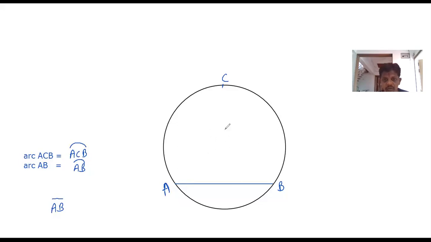So this part is also a segment. The segment made up by a minor arc would be a minor segment. So this I am going to call a minor segment. I will write the name as minor segment. And this is going to be the major segment.